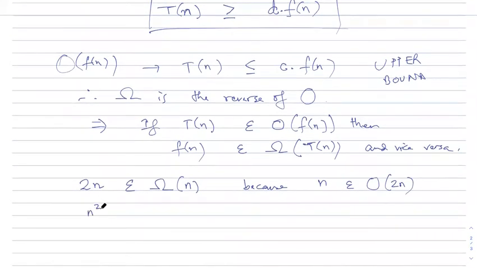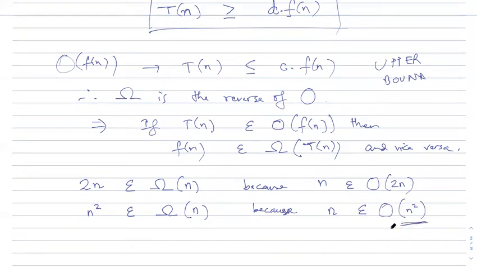Likewise, we can say n square is in sigma of n because n is in the big O of n square.